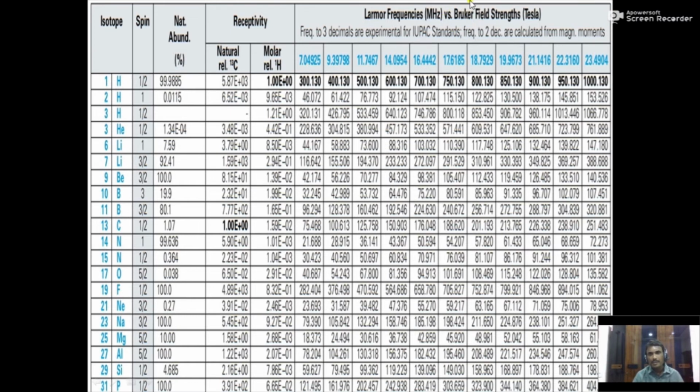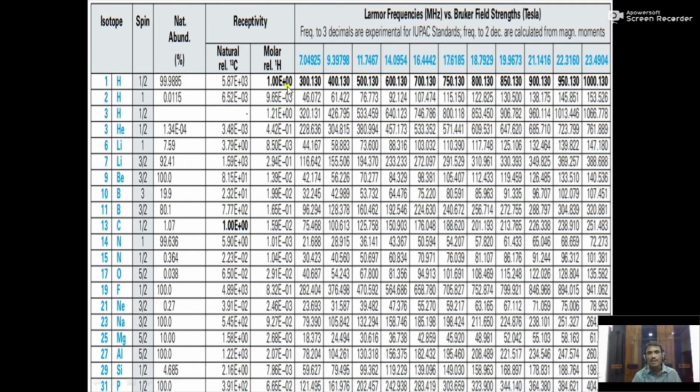This is for a particular Bruker NMR instrument, whose make is Bruker. So they have given this table. From there I have taken the Larmor frequencies correlated with the applied magnetic field strength. Frequencies are in megahertz and magnetic field strength is in Tesla.